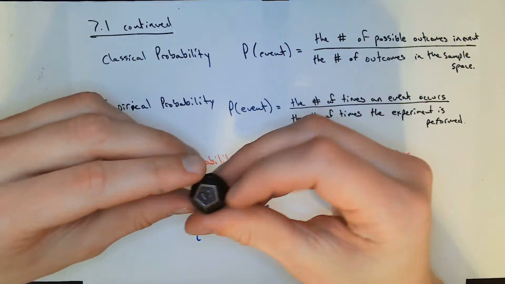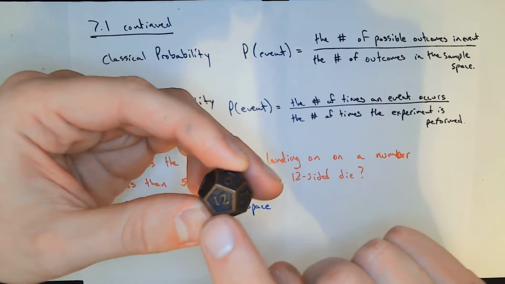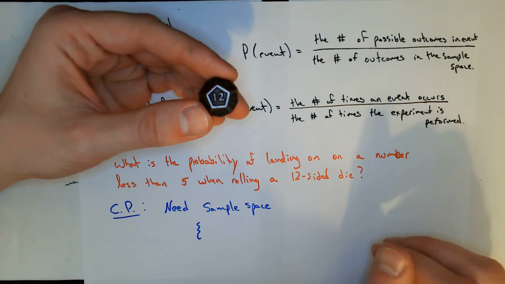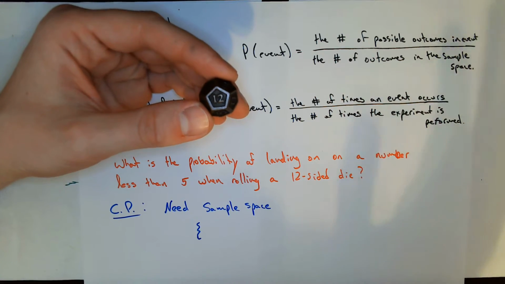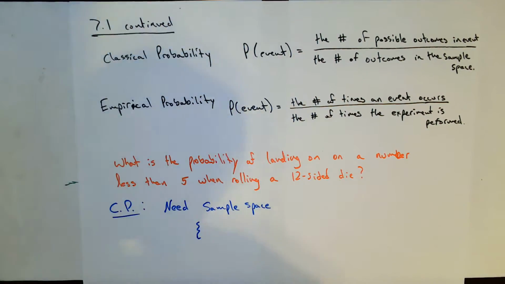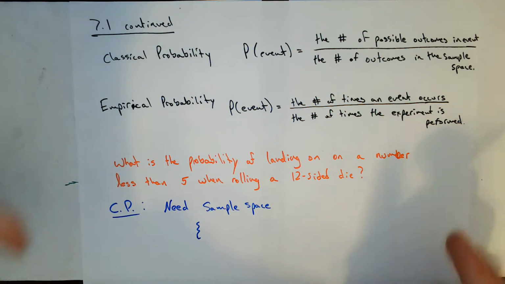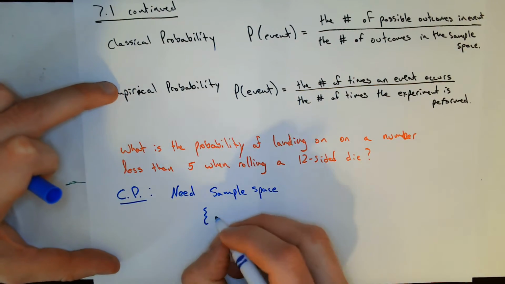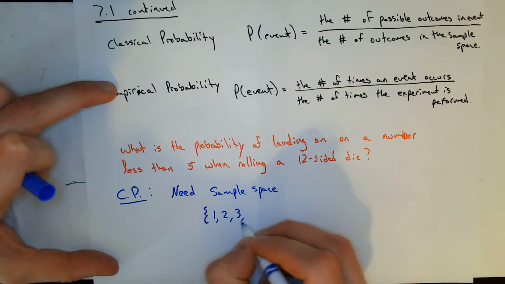But because drawing 12 little pentagons is going to be tedious, I'm just going to write the numbers. The number 1 represents rolling a 1, and the number 2 represents rolling a 2.